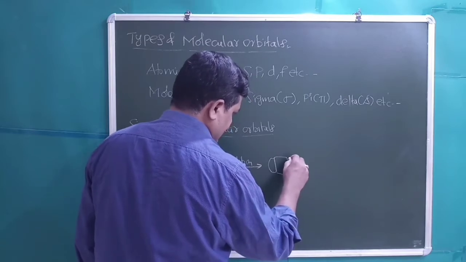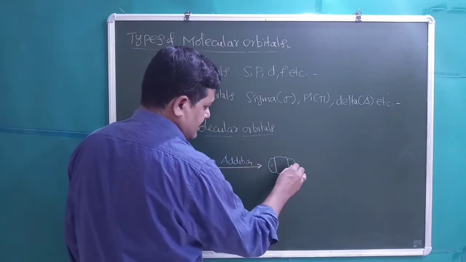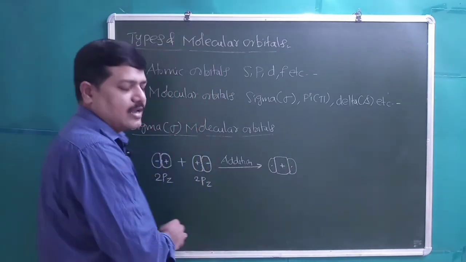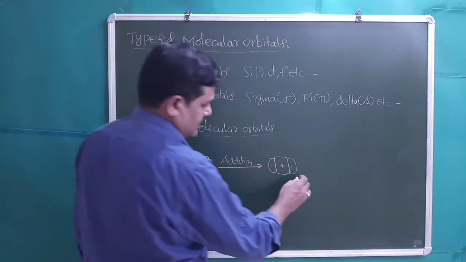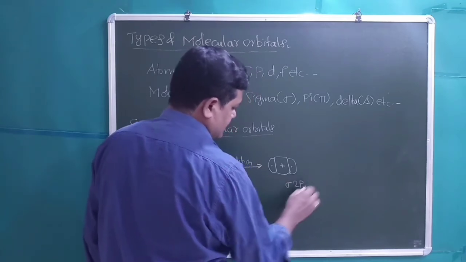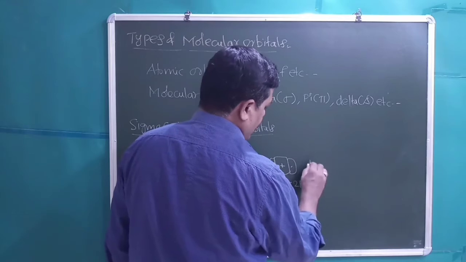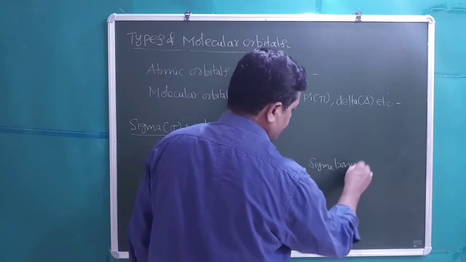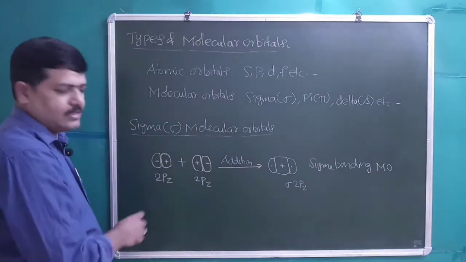Because of this constructive overlapping, electron density between the nuclei increases. The electrons present in the bonding molecular orbitals cause attraction between the bonded atoms, which is indicated as sigma 2pz. This is the sigma bonding orbital. Molecular orbital, in shortcut, we can write as MO.